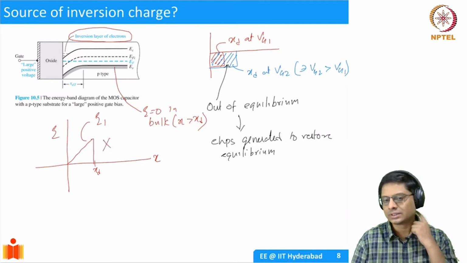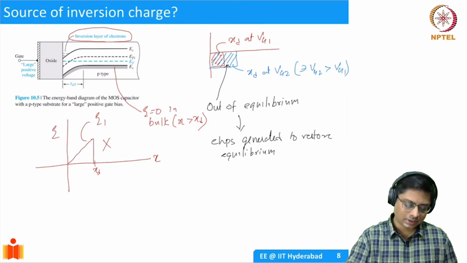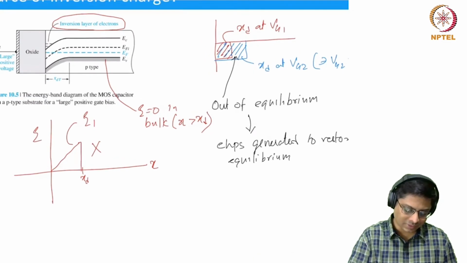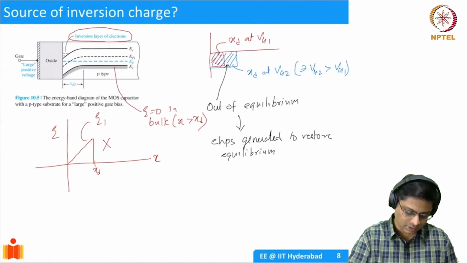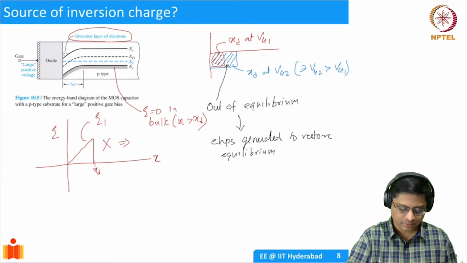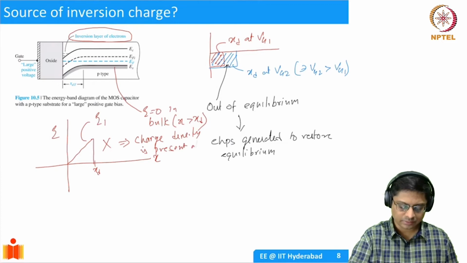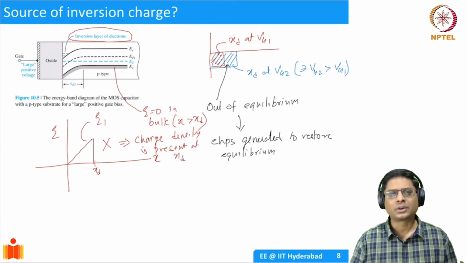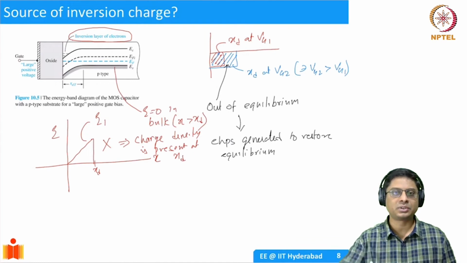The reason is this implies a surface charge, or sheet charge density, is present at XD, and that's not possible because there's no physical reason for a charge density to be present at the edge of the depletion region.